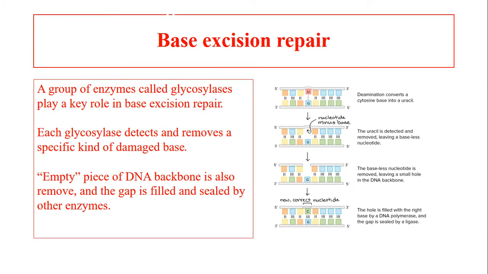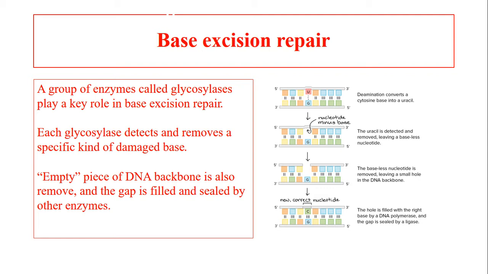Base excision repair. Base excision repair is a mechanism used to detect and remove certain types of damaged bases. A group of enzymes called glycosylases play a key role in base excision repair. Each glycosylase detects and removes a specific kind of damaged base. For example, a chemical reaction called deamination can convert a cytosine base into uracil, a base typically found only in RNA, as you know.